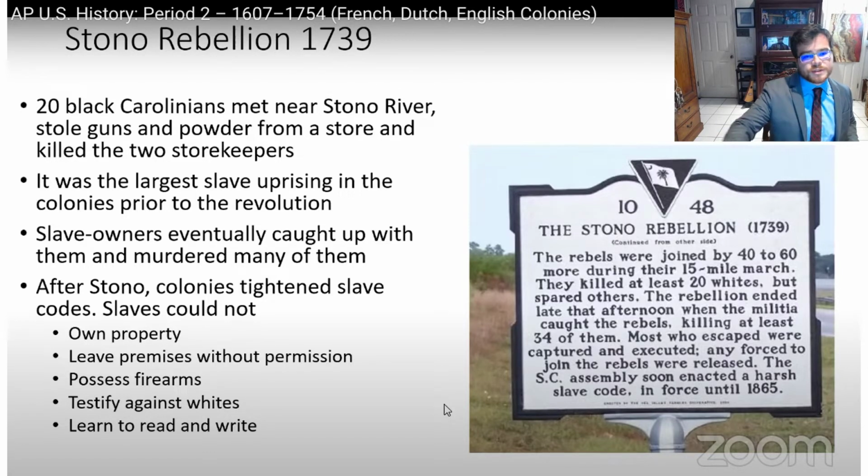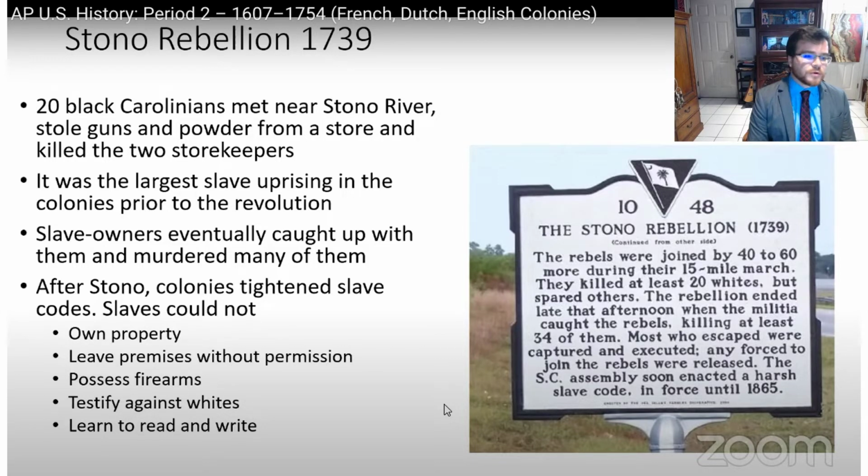You can use it in all those units, and that's why we're covering period 2. In the Stono Rebellion, 20 Black Carolinians met near the Stono River, hence why it's called the Stono Rebellion, stole guns and powder from a store and killed the two storekeepers. Up until this point, it was the largest slave uprising in the colonies prior to the American Revolution.